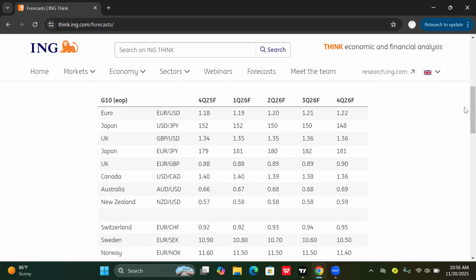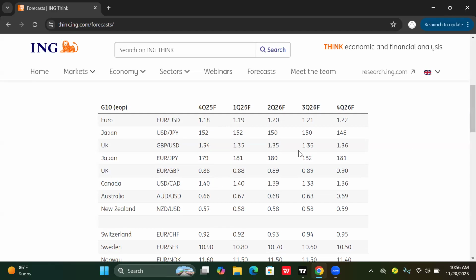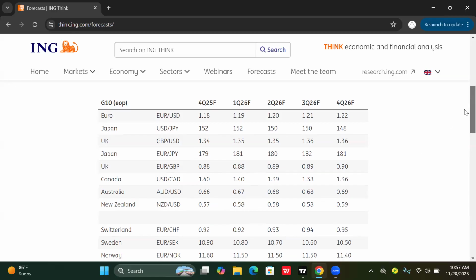EUR/JPY is expected to continue its upward rise. EUR/GBP as well. USD/CAD is expected to flip bearish at some point. AUD/USD is expected to continue its rise, and NZD/USD is expected to rebound slightly at some point, if you will.